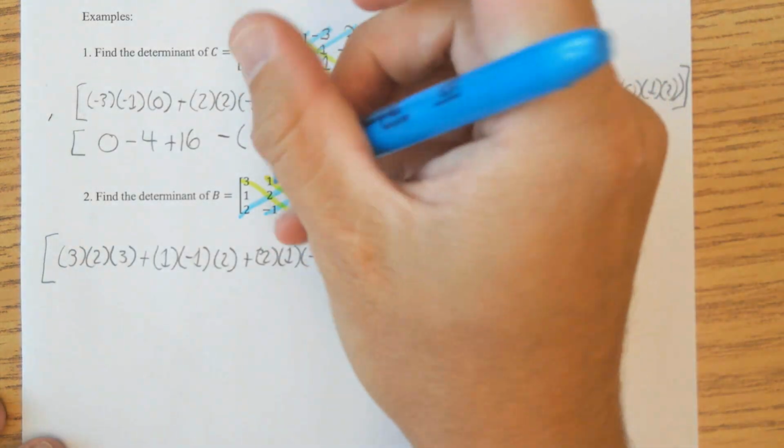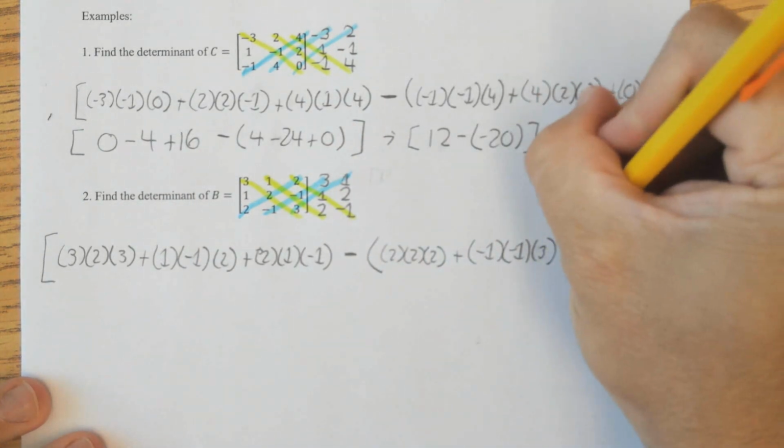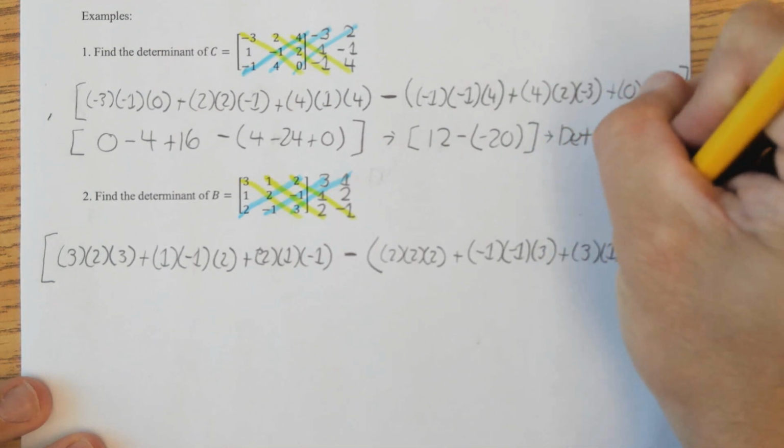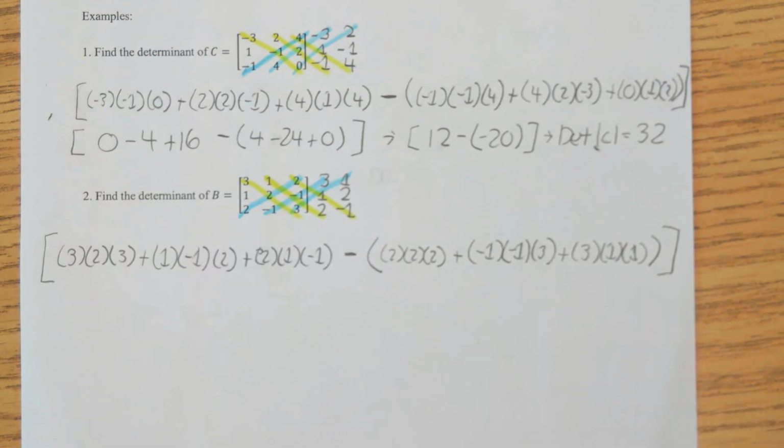And then 3, 1, 1. All right, and there you go. So there's our process. Now we just need to go ahead and simplify here.